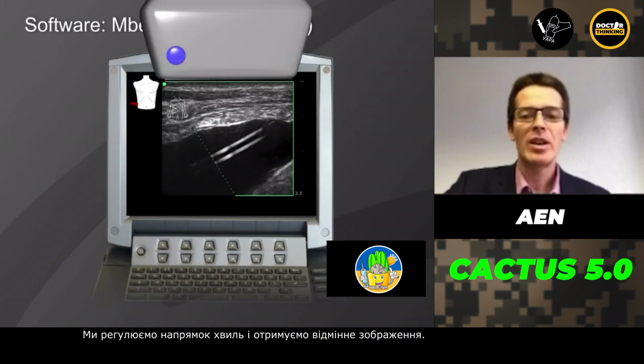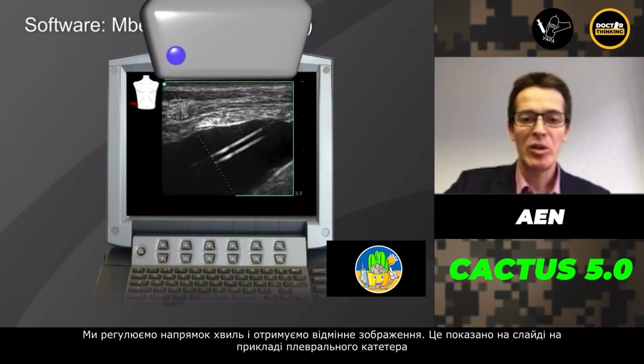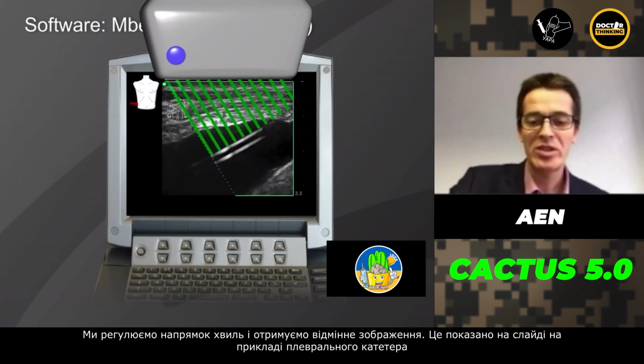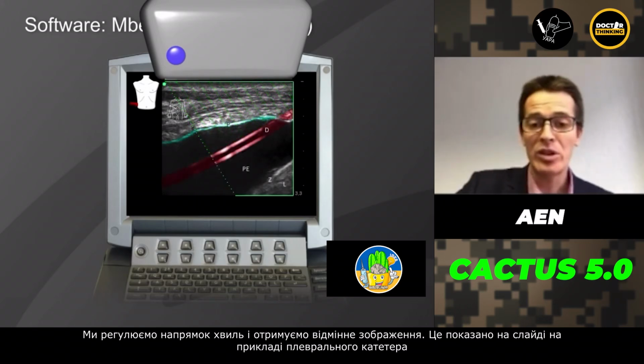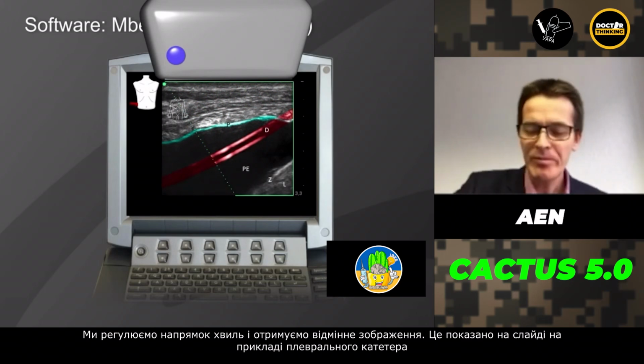So we have the probe sitting on top of the ultrasound image here, and now the sound travels onto this catheter and therefore creates excellent sound reflections back to the probe. This is shown here in a pleural catheter.